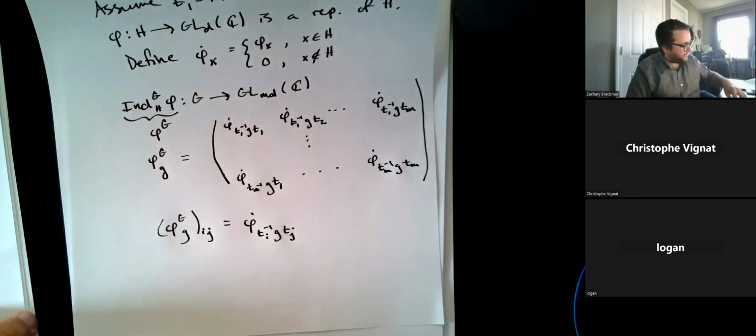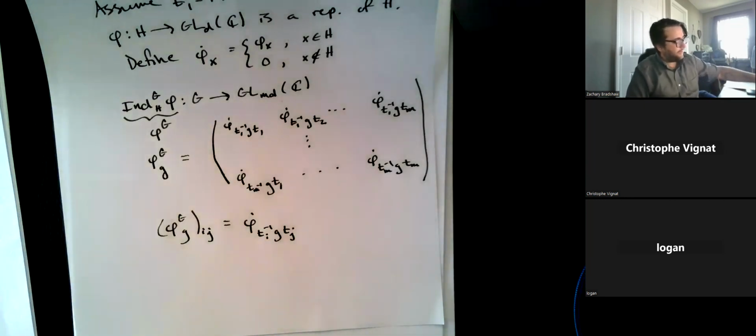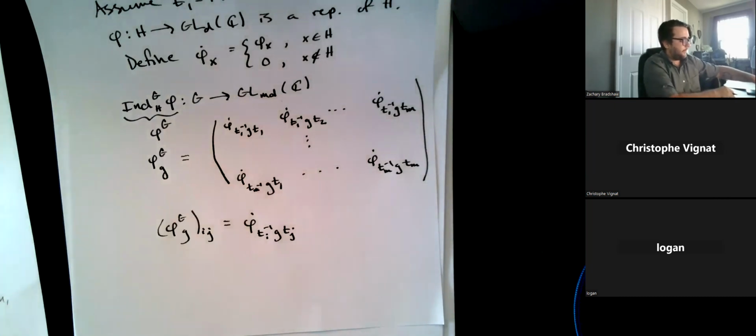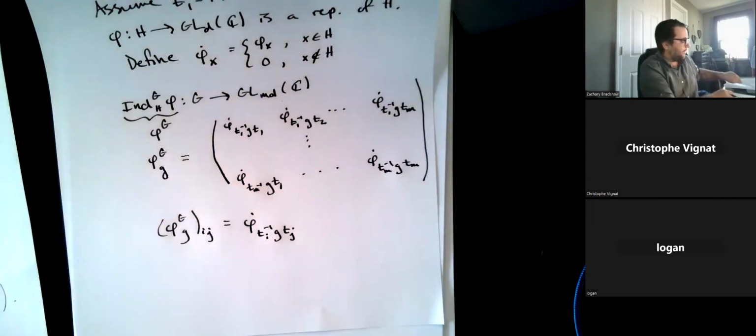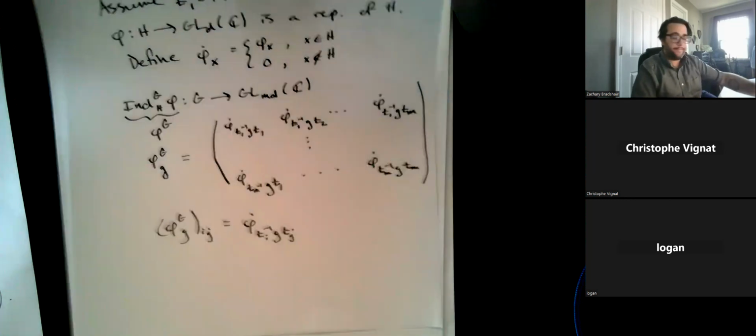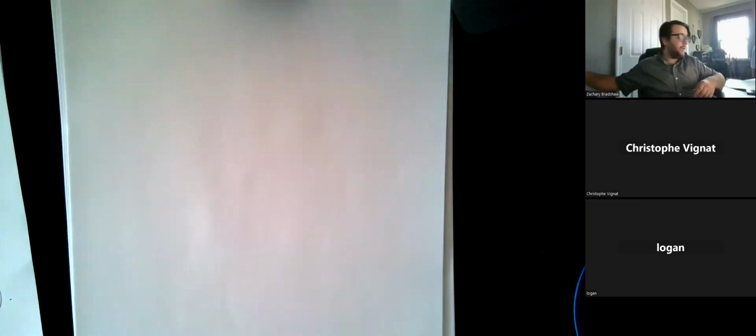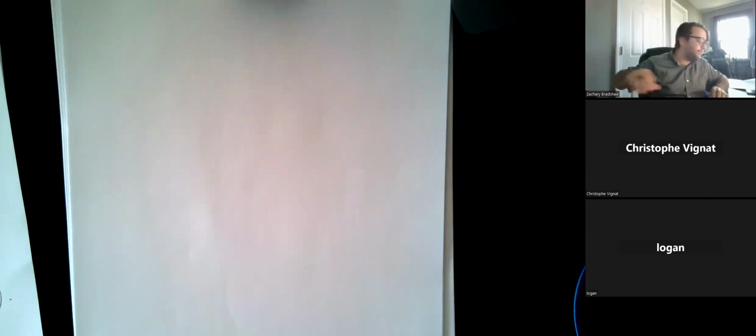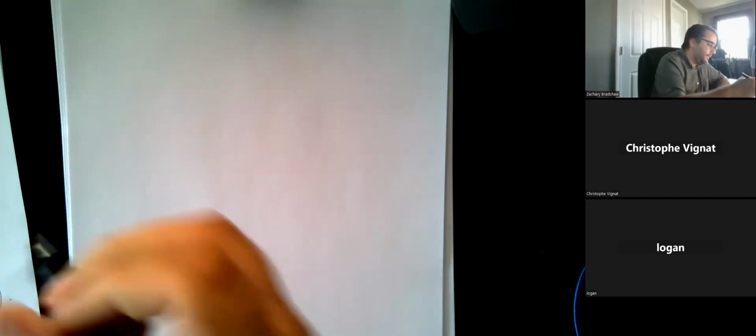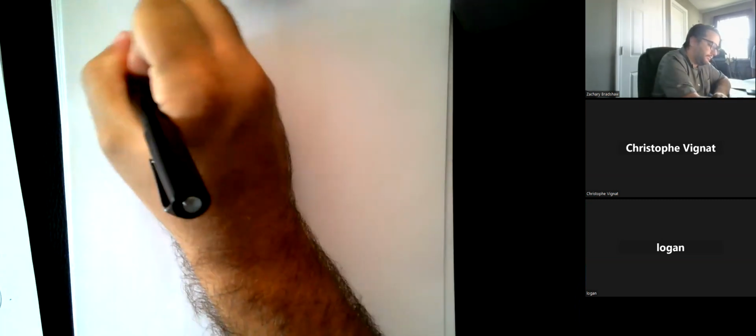Before we actually show this thing is a representation, maybe some examples are in order. I'm just going to do one, which is the dihedral group. Remember, the dihedral group is the group of all the rotational and reflection symmetries of some polygon.